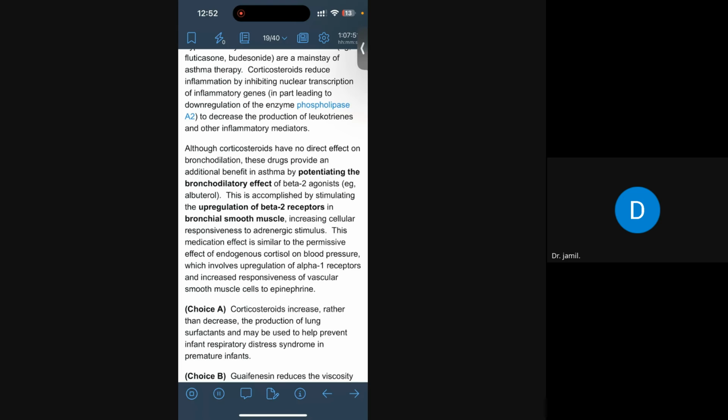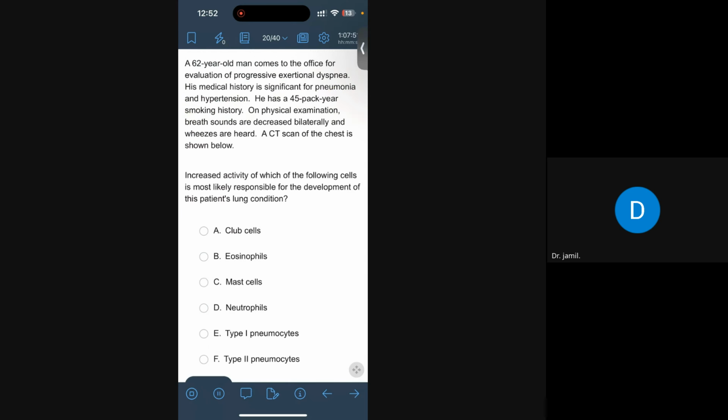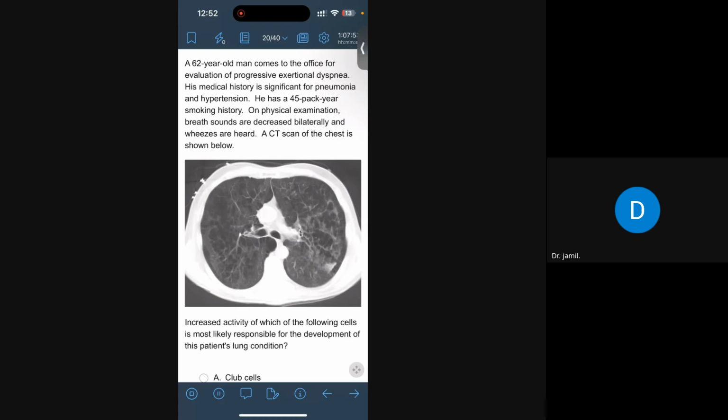It has no direct effect by itself, but it can potentiate the effect of beta 2 agonists like albuterol. We also give glucocorticoids in septic shock when blood pressure is still low despite IV fluids and inotropes, to upregulate the alpha 1 receptors and improve the response to norepinephrine and others.